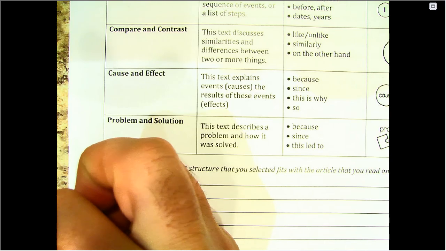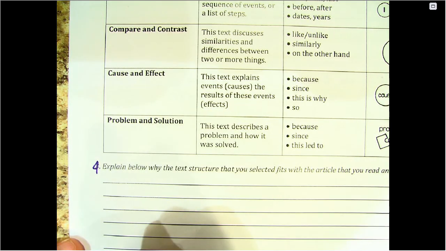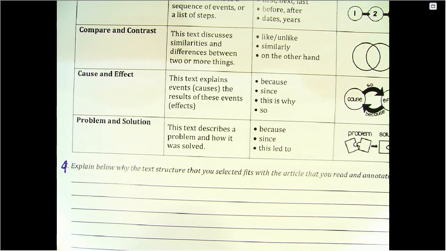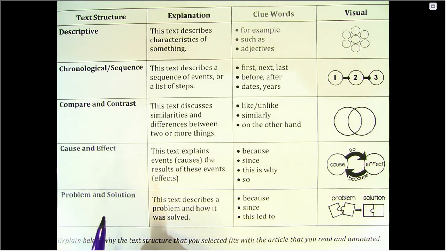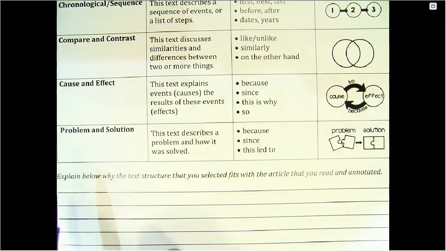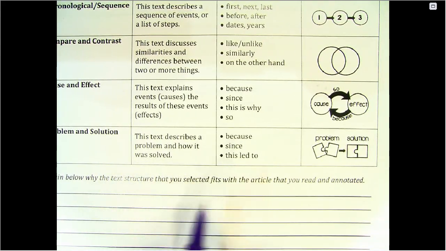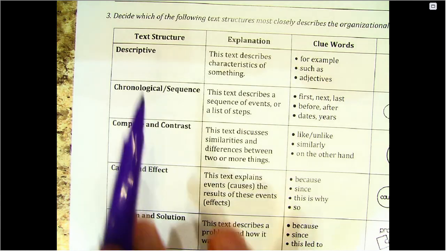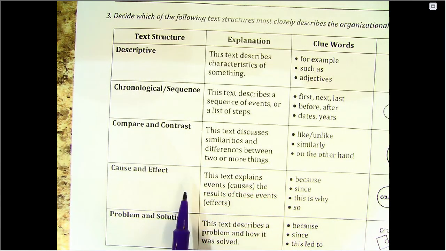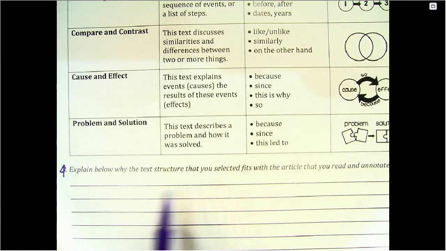This is actually supposed to be number 4, and the next one's going to be number 5. But what you should do after looking at this chart, we're trying to figure out why the text structure that you selected fits the article. So you've told me it's one of these, okay? Now you're going to tell me why you were led to that belief.